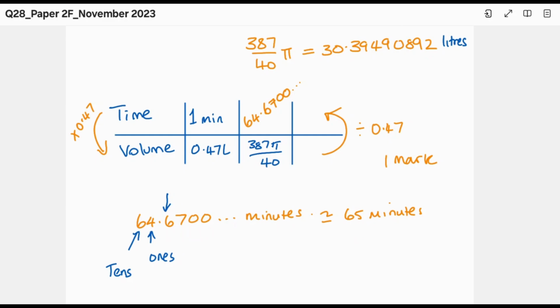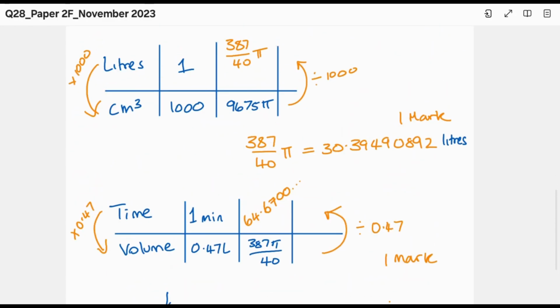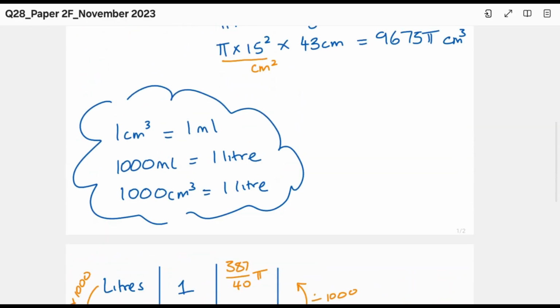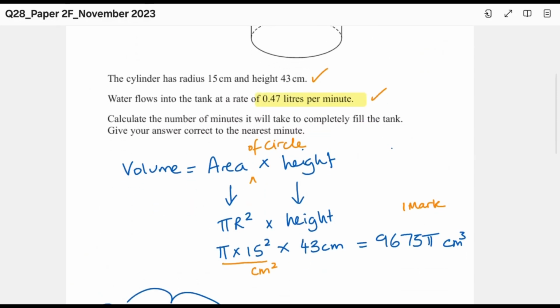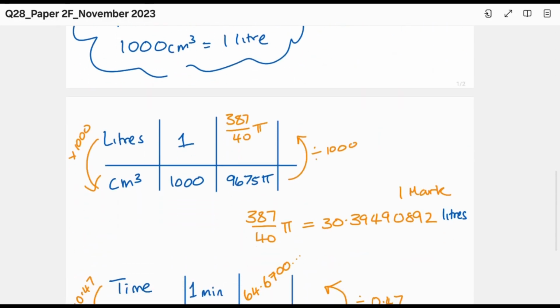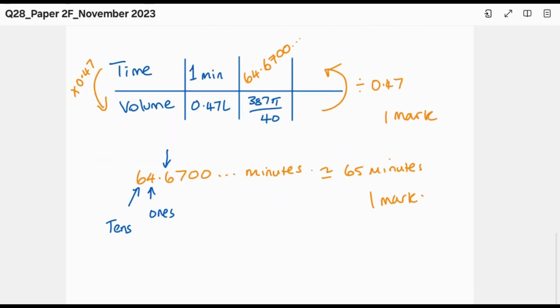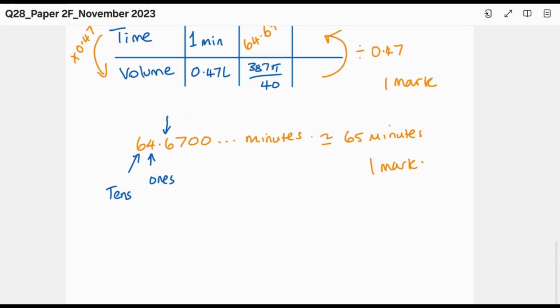So that's something to note. Now, if we got to this stage, this will give you the final mark, which makes the total mark for this question 4 marks. Right, so what we've done is we've worked out the volume, we converted to liters, we found how long it will take to fill in the cylinder, and then we rounded that to the nearest minute.